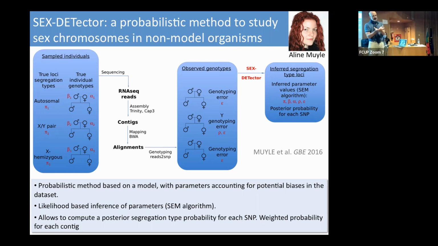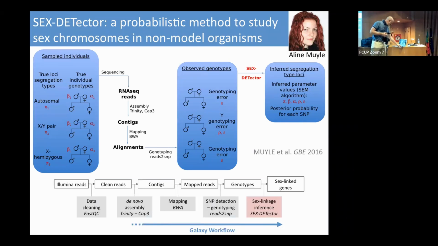And these probabilities were then combined to get a global probability for a gene. So as I told you before, the experiment is really easy. You need to have a cross, parents, progeny. You sequence a few individuals, both parents and a couple of less than 10 individuals in the progeny. You get RNA-seq data.